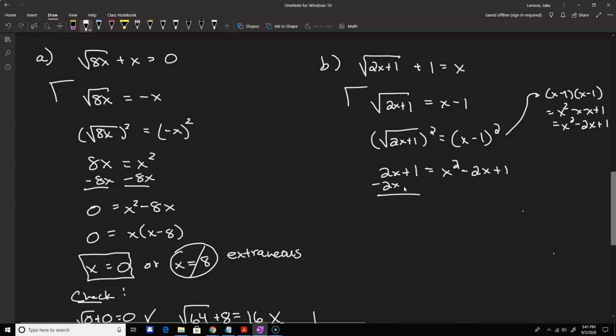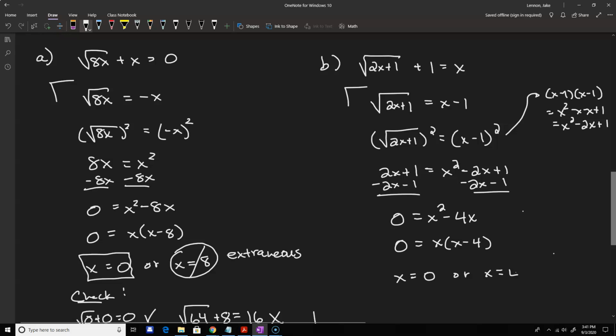And now we want to move everything to one side because we're left with a quadratic. So we get the minus 2x minus 1. So now we have 0 equals x squared minus 4x, and the plus 1 and minus 1 cancel. So now we have a pretty simple quadratic where we can just factor out an x, and we get x times x minus 4. So we get two solutions here, x equals 0 or x equals 4.